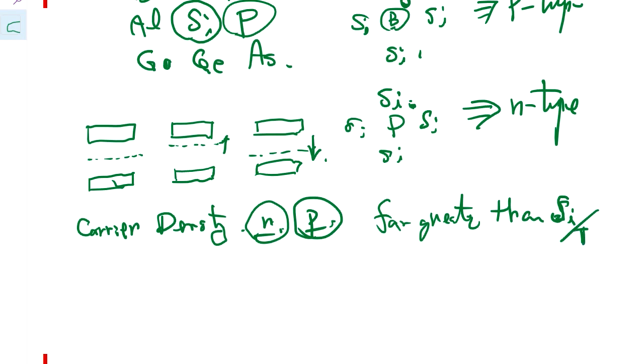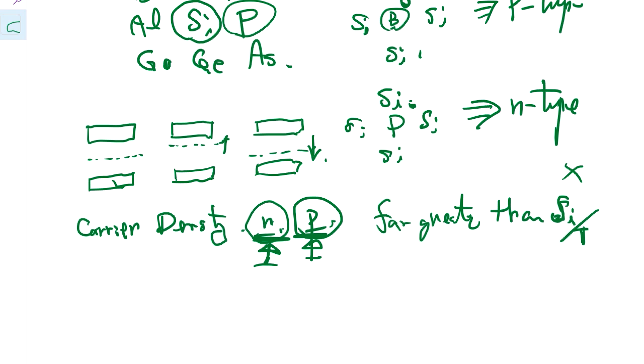Okay, so you can ignore this and deal with only the amount of impurity, and that determines it. It becomes more conductive because you introduce a lot of carrier, so it's much more conductive than pure silicon.